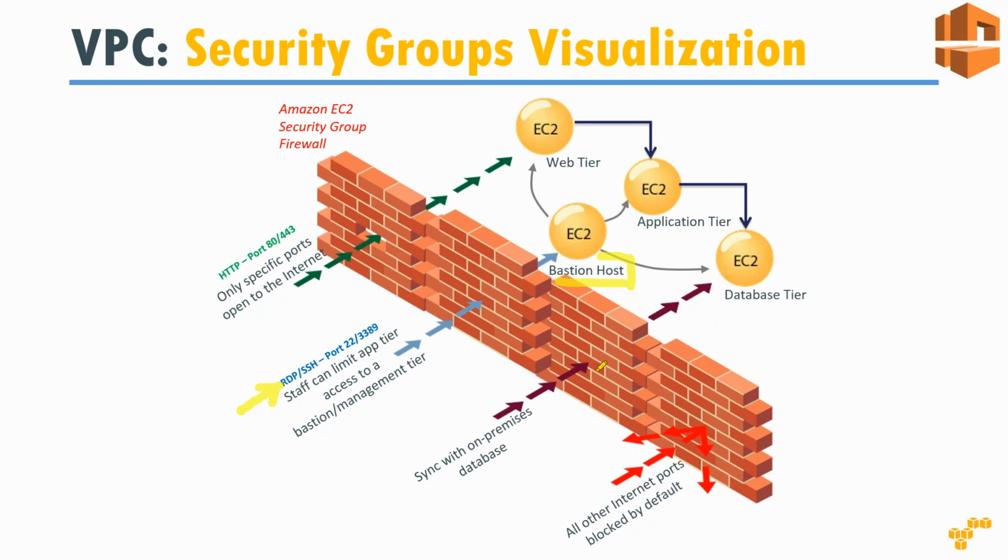So your security group by default will allow that VPN access also, so that you can connect your database tier to sync your database connections and on premises. Any other traffic apart from what is configured here will be blocked as it is shown here. So the rest of the traffic will flow through, but your traffic that is not configured by default will be blocked by your security group, and it will be bounced off.